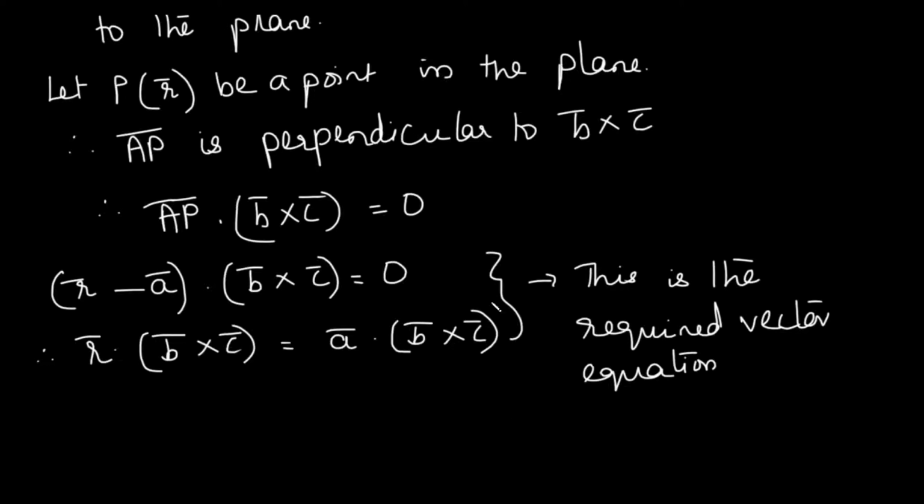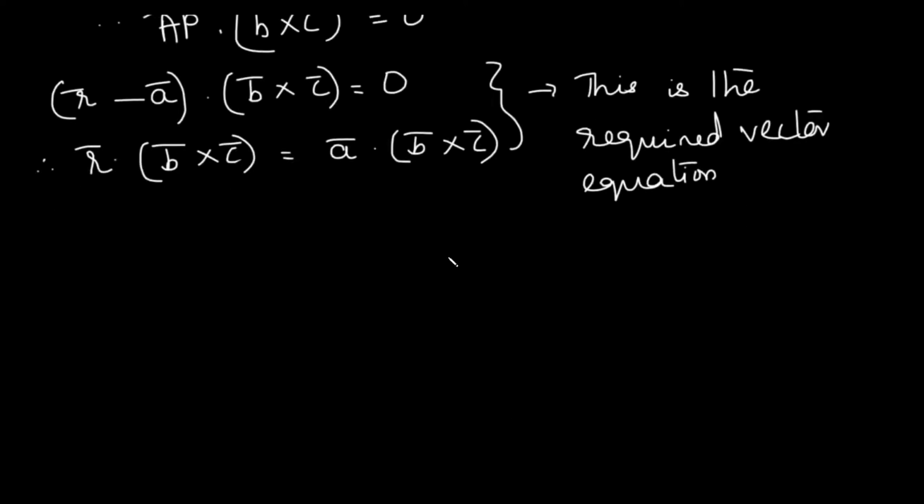Now study this properly. Also, one more way to express this, which will come in useful in sums, is this. Let me write it as a note over here. Vectors AP, B bar and C bar are parallel to the same plane.